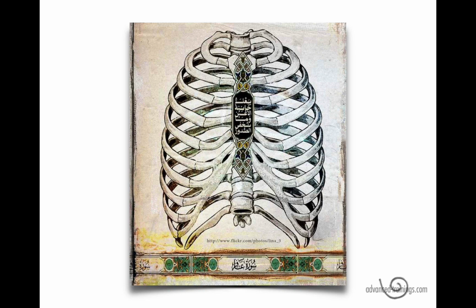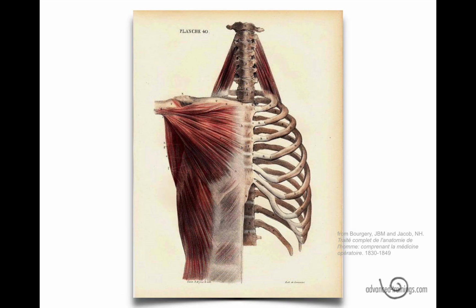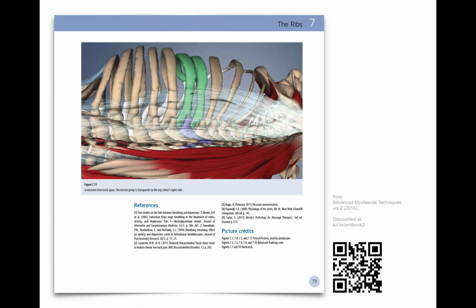It's beautiful, and it has a certain kind of beauty, just in its regularity and its spaciousness and its mobility. Now, some of the references for what I've been talking about are in the Advanced Myofascial book, Volume 2, at the end of the ribs chapter.